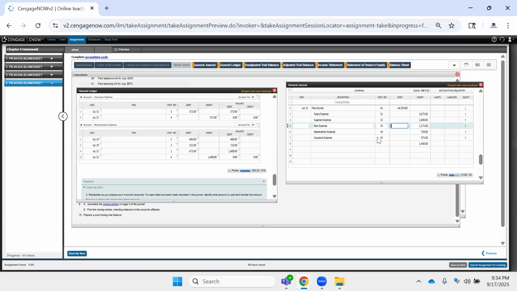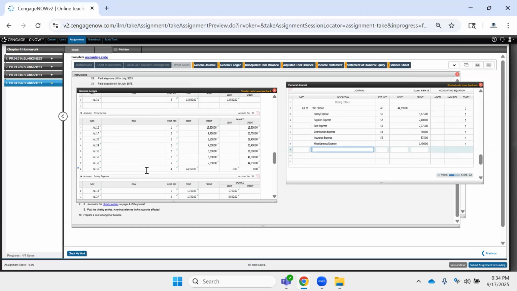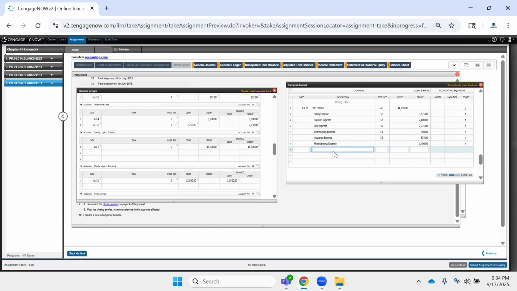And as you can see, our debits are more than our credits. And the remaining credit balance is going to go to our capital account, Steffi Lopez capital.